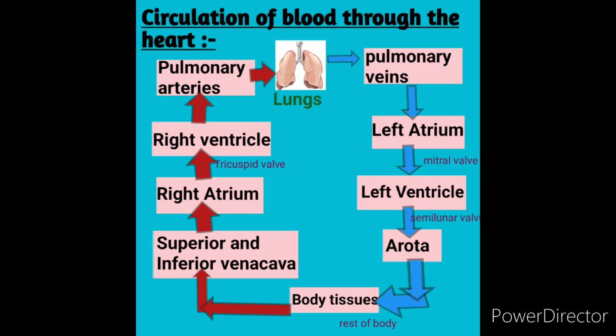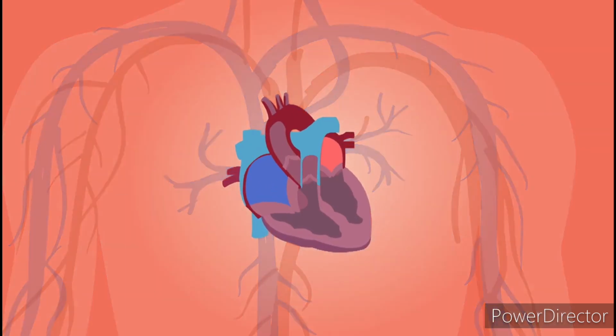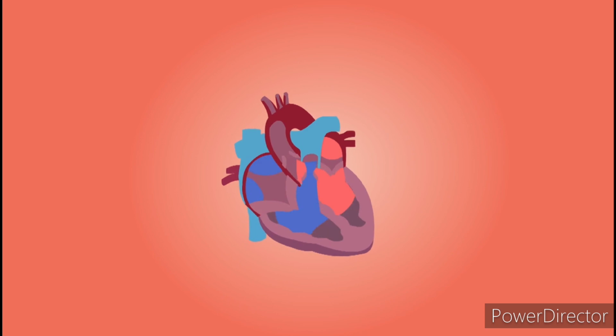Then the oxygenated blood enters the pulmonary veins. From the pulmonary veins, the left atrium receives oxygenated blood. Through the mitral or bicuspid valve, blood enters the left ventricle, and from the left ventricle through the aortic semilunar valve.